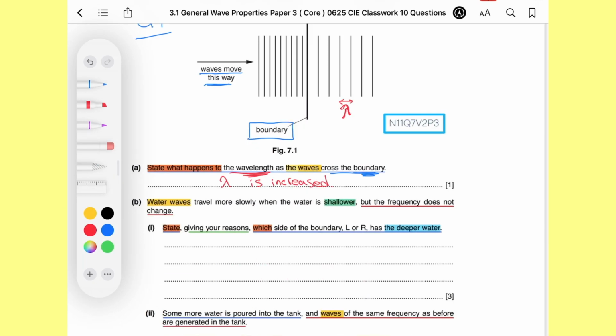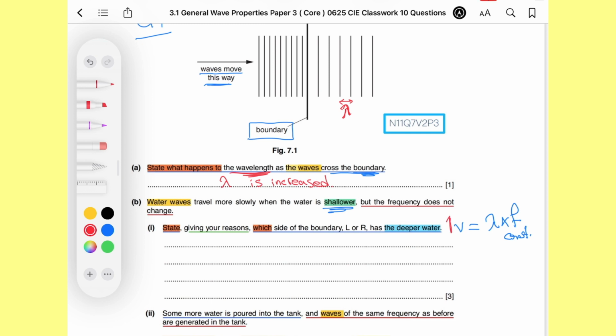Water waves travel more slowly when the water is shallower. We know this information, but the frequency doesn't change. State, giving reasons, which side of the boundary, left or right, will be deeper. If we check the wave equation and frequency is constant, you know that speed and wavelength are directly proportional.